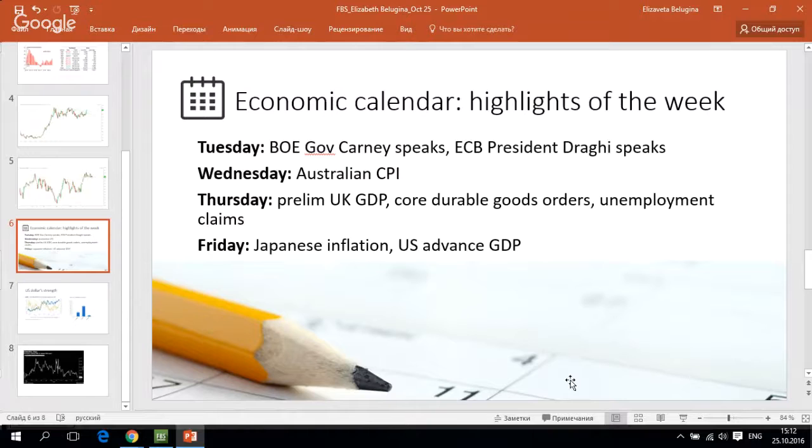Reflecting this situation of lower volatility and the fact that the US dollar has already priced in much of the factors which play an important role for its dynamics. I mean, the Fed's rate hike and the US election results.